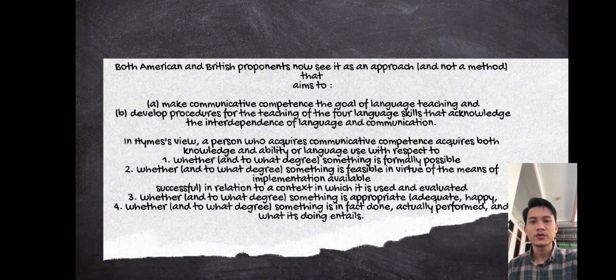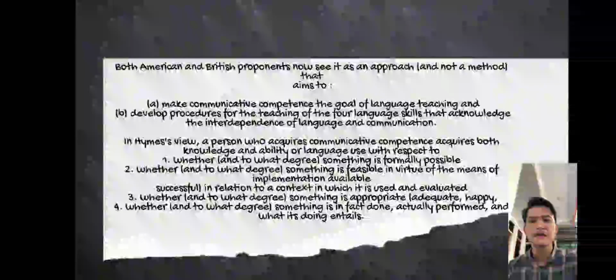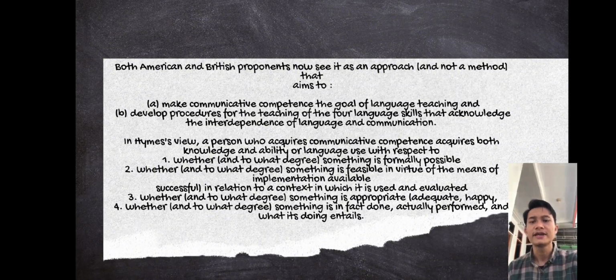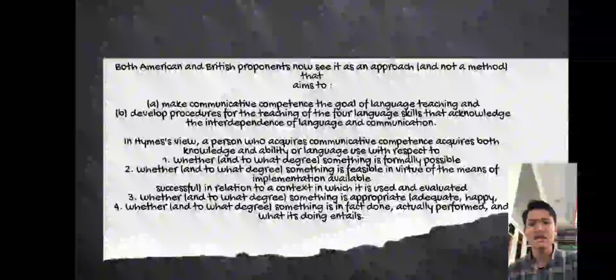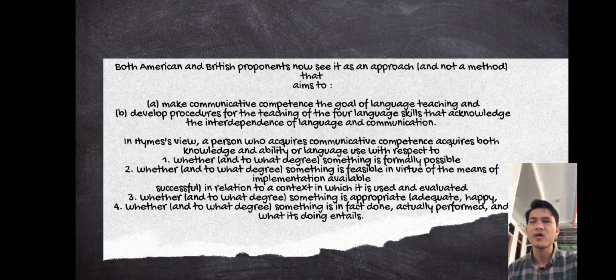Whether and to what degree something is feasible in view of the means of implementation available, 3. Whether and to what degree something is appropriate, adequate, happy in relation to a context in which it is used and evaluated, 4. Whether and to what degree something is in fact done, actually performed, and what its doing entails.